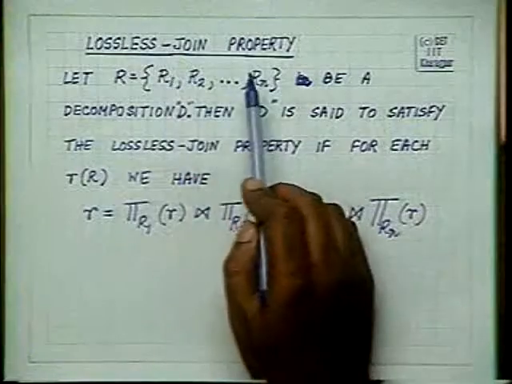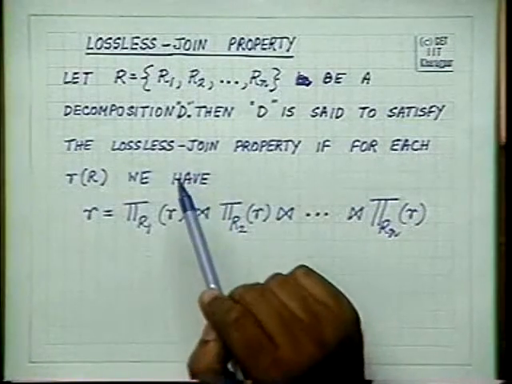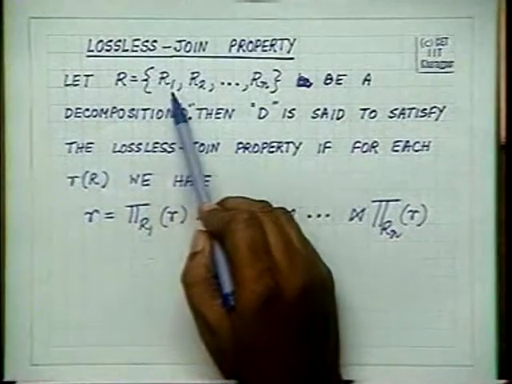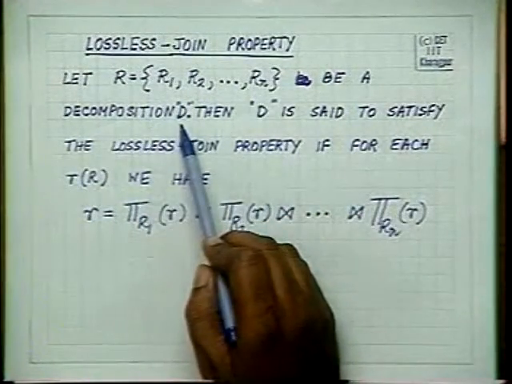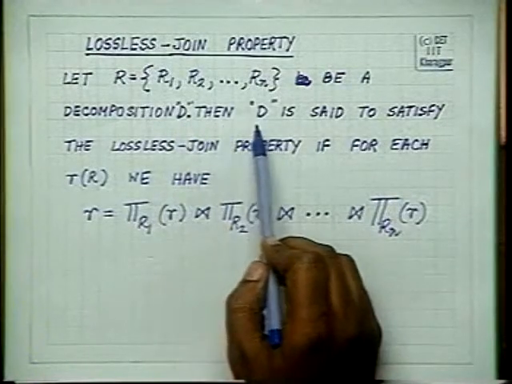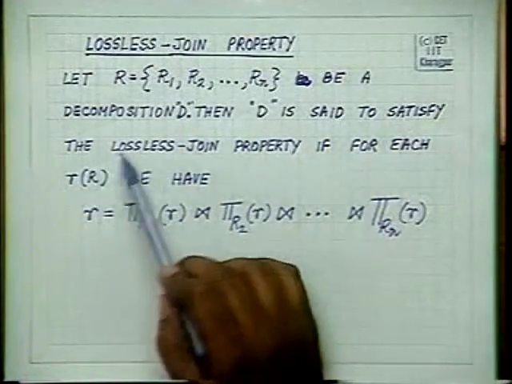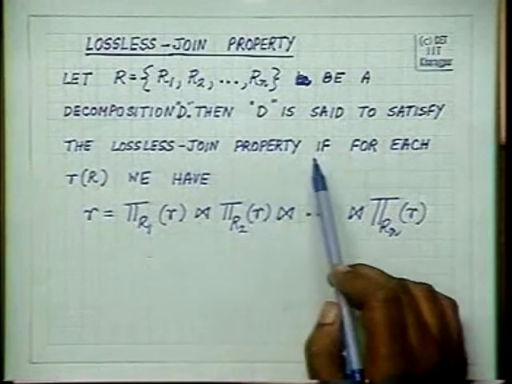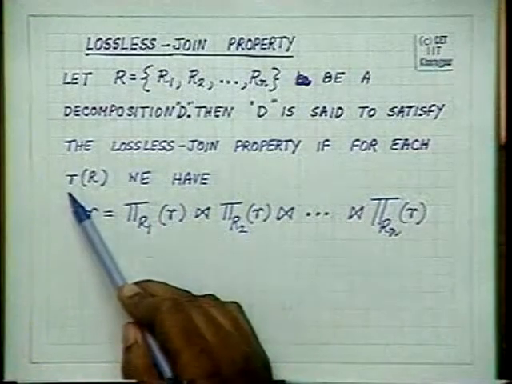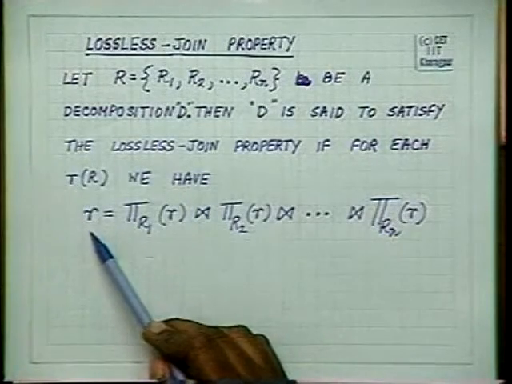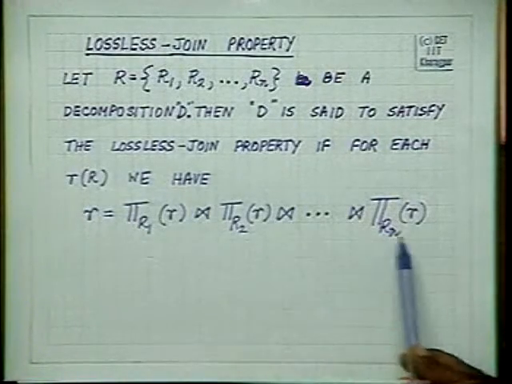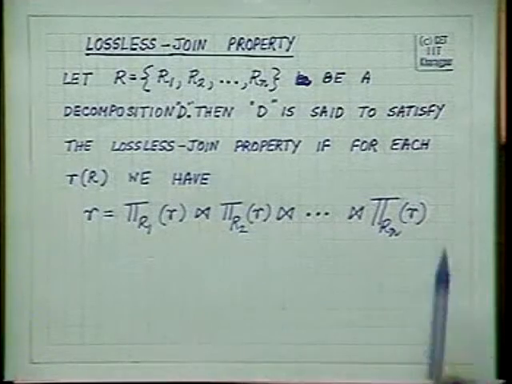The lossless join property of a decomposition. Let R equal to R1, R2 to Rn be a decomposition D. Then D is said to satisfy the lossless join property if for each relation with the relation scheme R, we have R is a natural join of its subschemas.